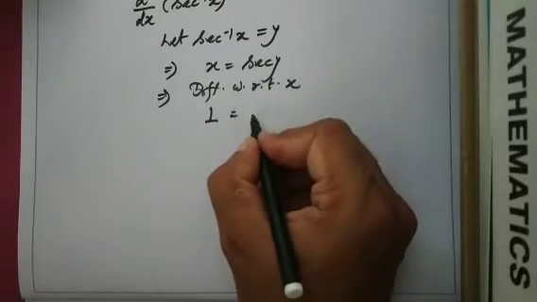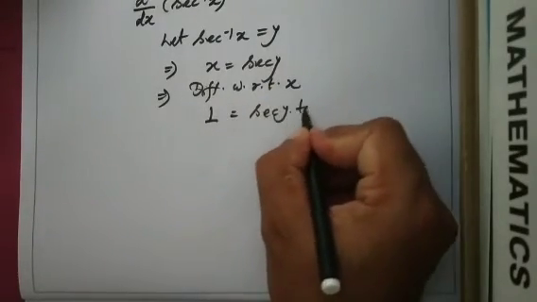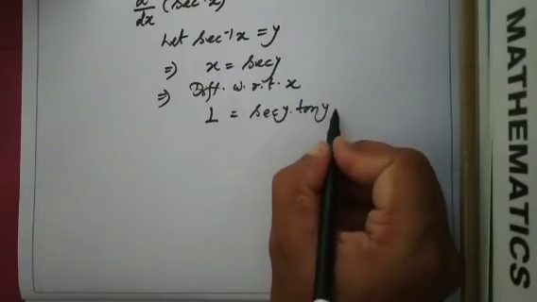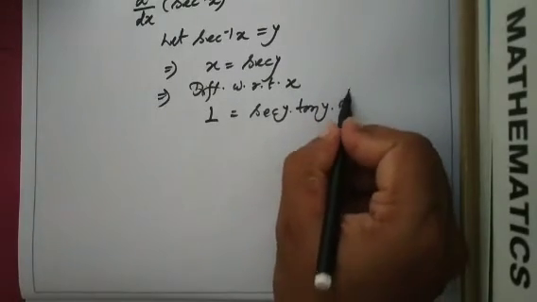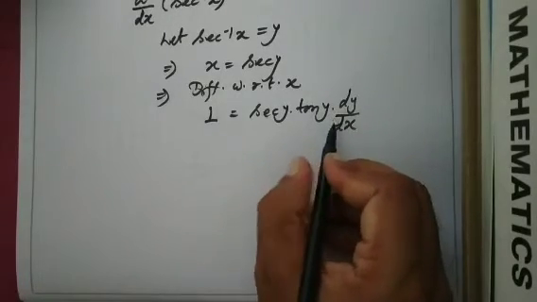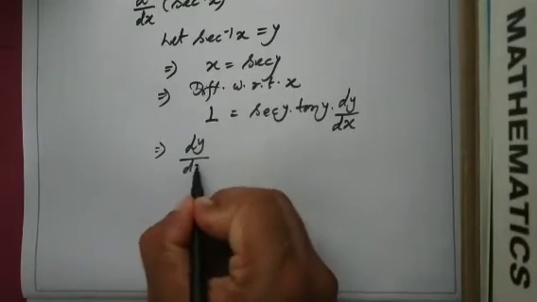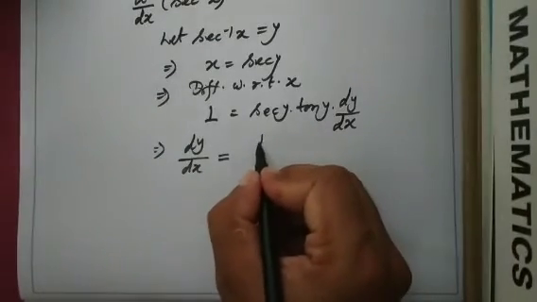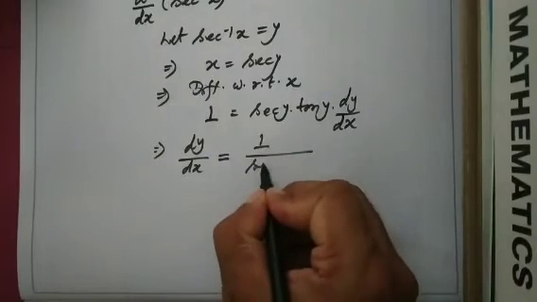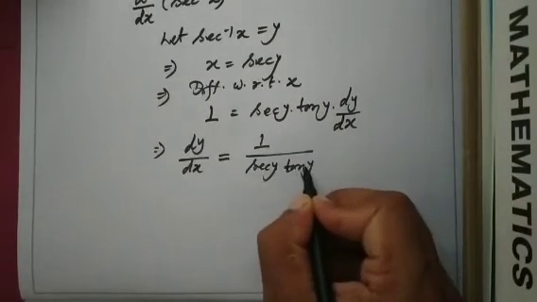You know that it is sec y tan y into dy by dx, by the chain rule. Now dy by dx can be expressed as 1 upon sec y into tan y.